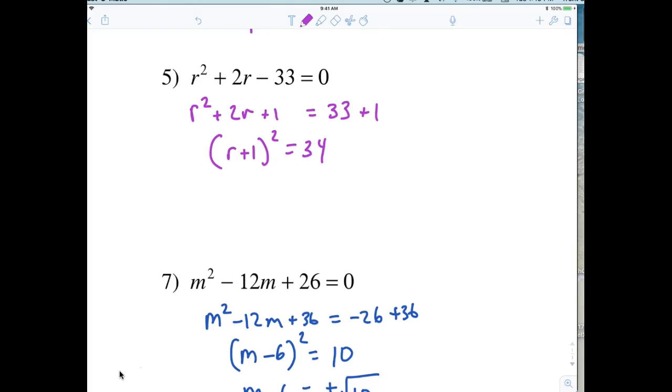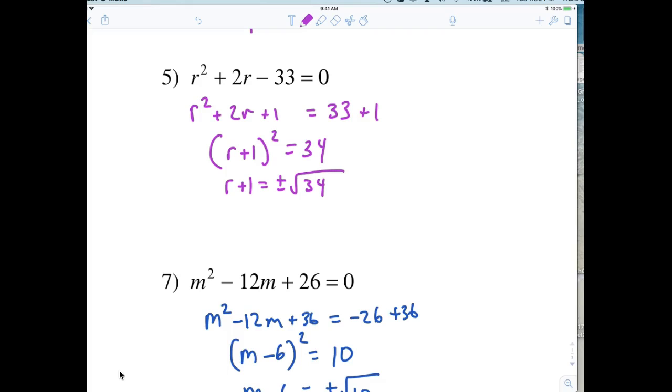Any questions? So now what? r plus 1 equals plus or minus the square root of 34. Everybody agreeing with me? You don't solve it at all.